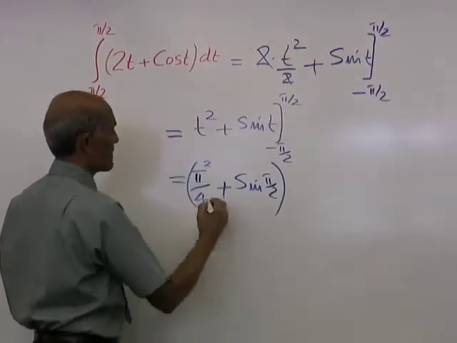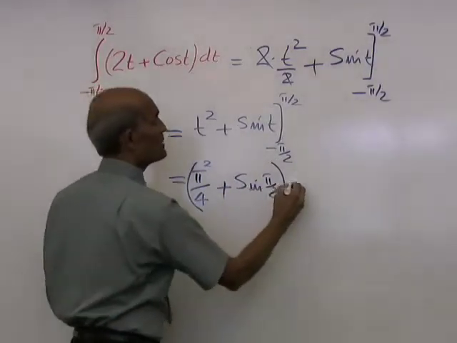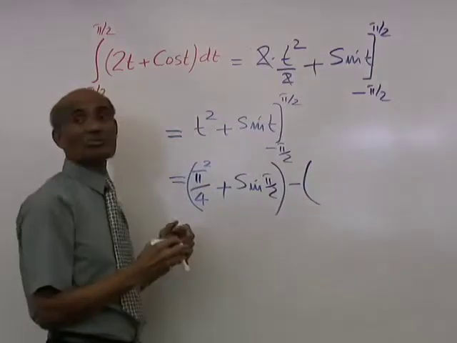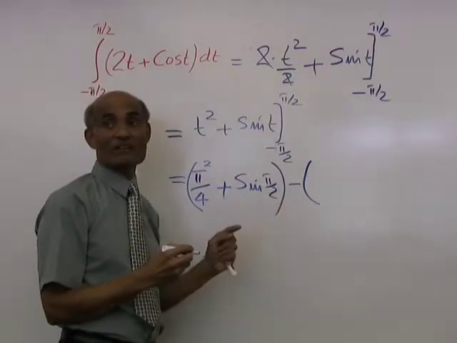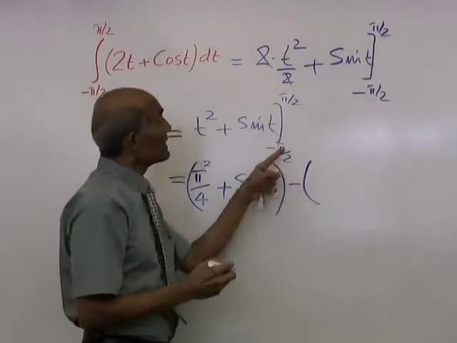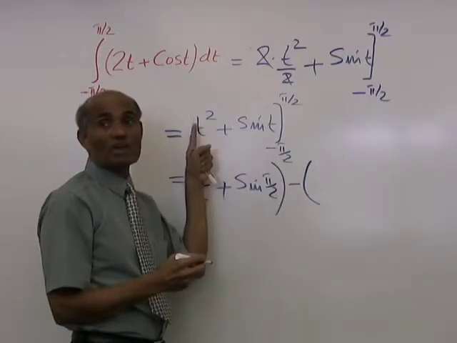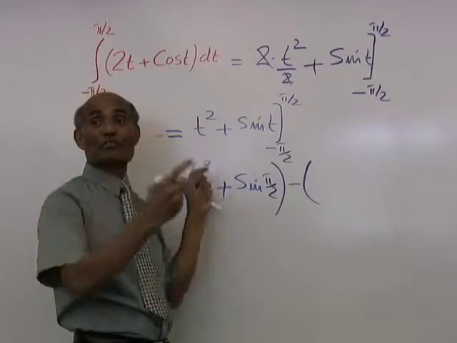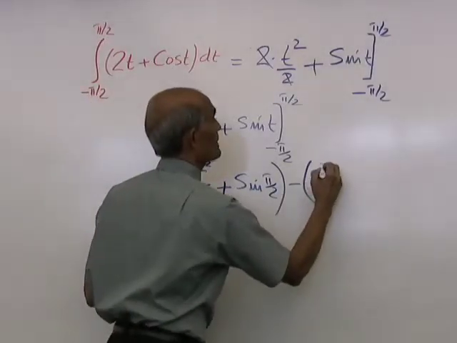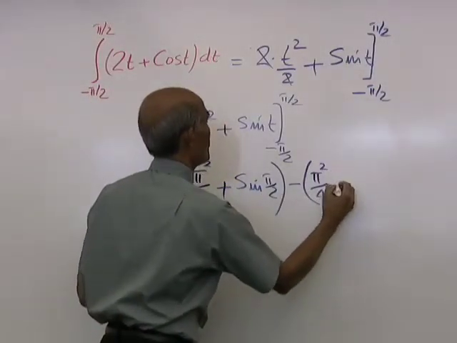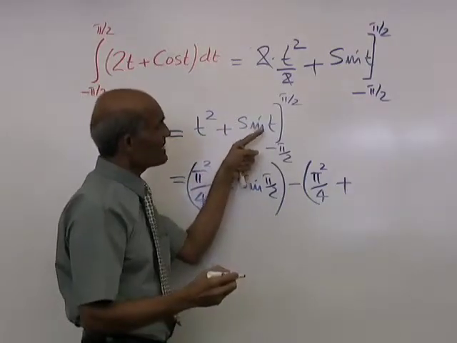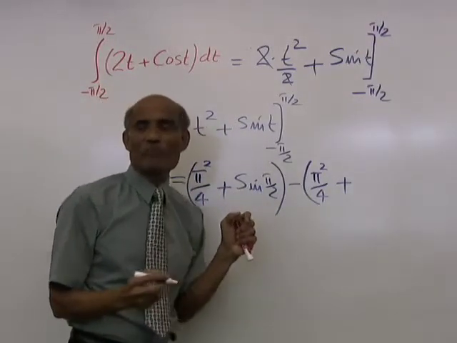That is the upper limit, minus, always remember to use that parenthesis after the negative sign, minus lower limit. When t equal to negative pi by 2, t squared is positive pi squared over 4. That will be pi squared over 4 plus sine of negative pi by 2.